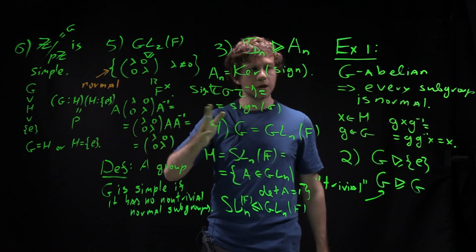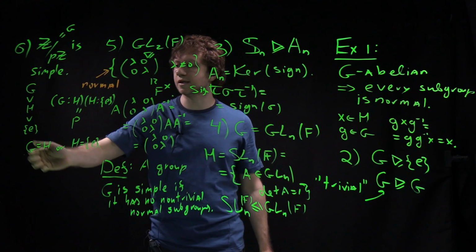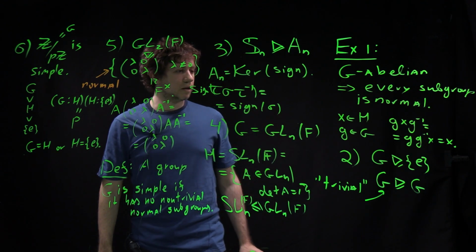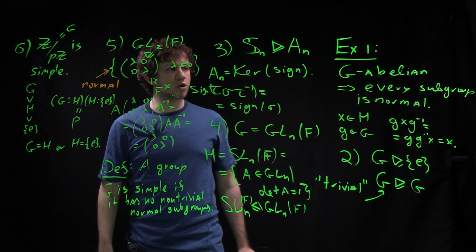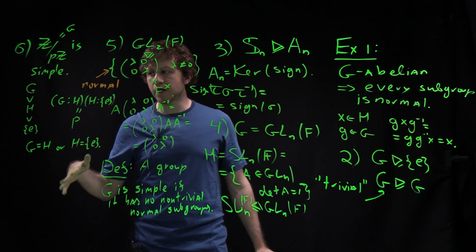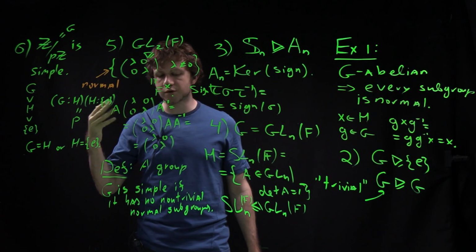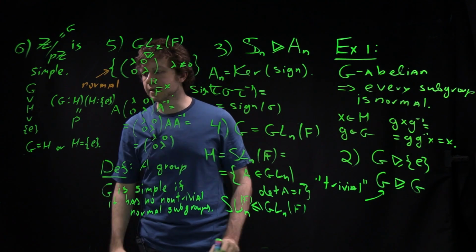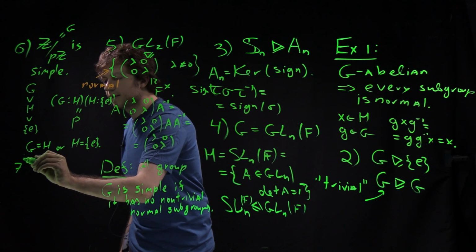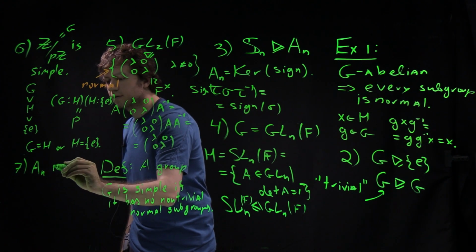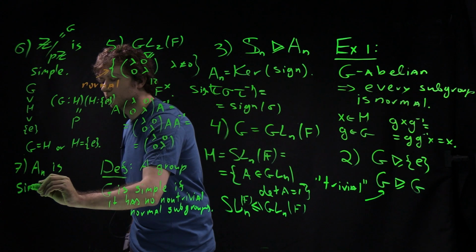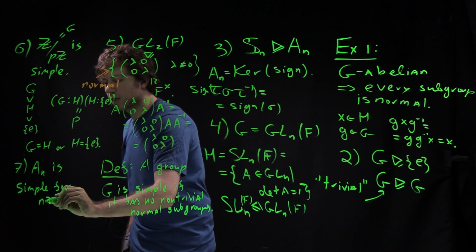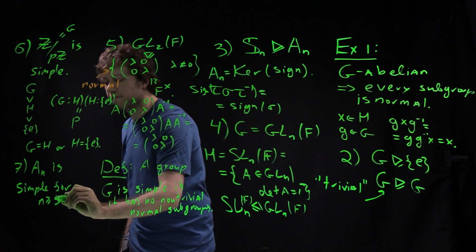This is something which is not very hard to see. Now, there will be a homework problem, a long one. It will come in the problem set after problem set 3, so problem set 4 probably. And this is that A_n is simple for n greater or equal than 5.